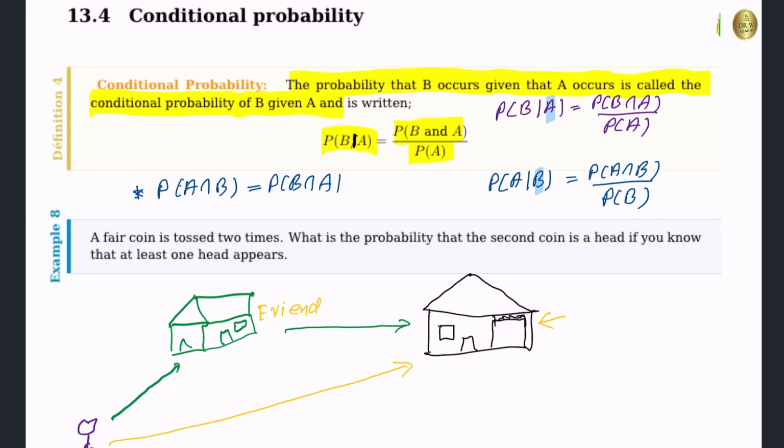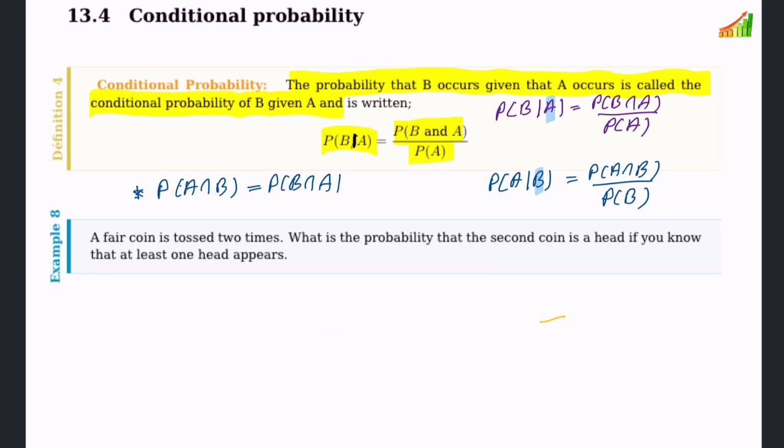Then you can say, if I visit my friend, I will visit his friend as well. Then, what is the condition? The condition is if I go to meet my friend. If you go to this house, then probably you go to this house. So, we are going to talk about this type of problem in this section.